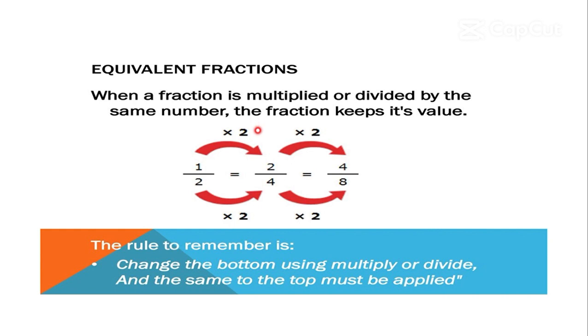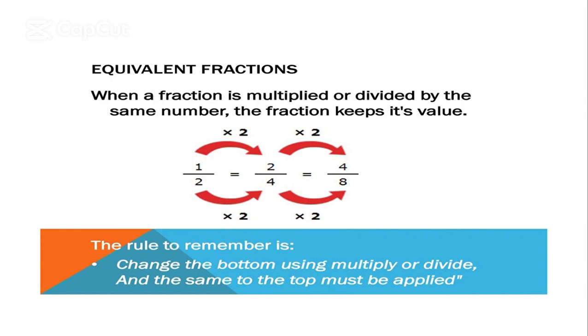Since we multiplied our numerator by 2, the same goes with our denominator. 2 times 2 is 4. So we get the equivalent fraction of 1/2, which is 2/4. If we want to find another equivalent fraction, let's multiply 2/4 by 2 again. 2 times 2 is 4, 4 times 2 is 8. That is how we are able to find equivalent fractions.